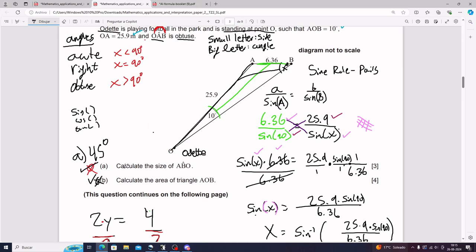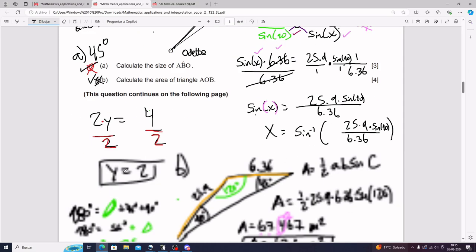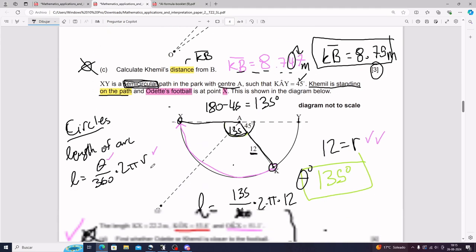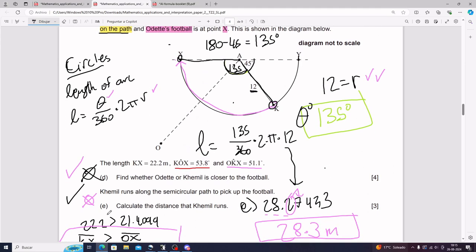I think A and B were very associated, but C and D, you can do them by yourself. E as well. I mean, you know what I mean? Paper 2, the catch it has is that it mixes a lot of exercises in one, and that can work in your favor. ¿Vale?